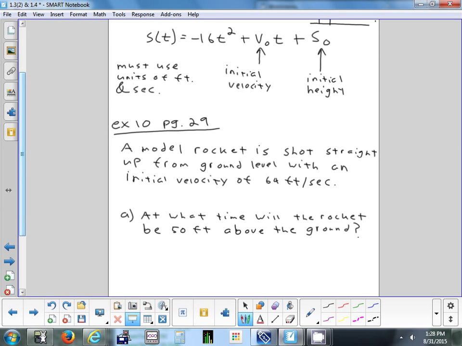Negative 16t squared plus 64 sub t. Just t. Yep, because you've already taken care of that v sub 0. So 64t. Anything on the left? S of t. Good. So here's your height of the rocket as a function of time.